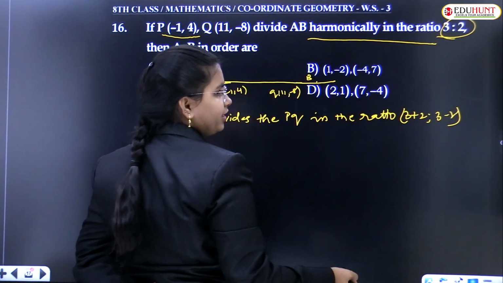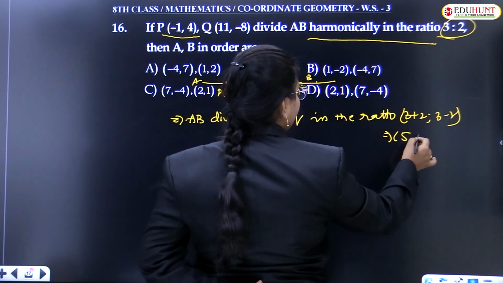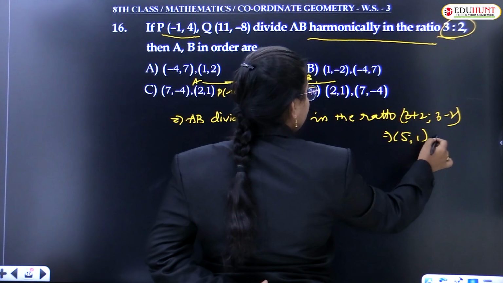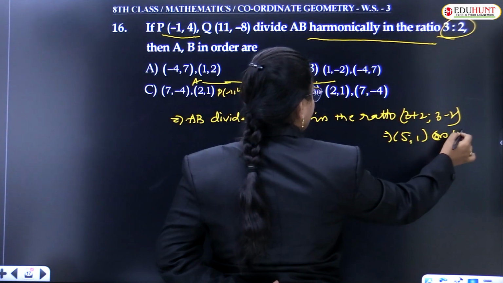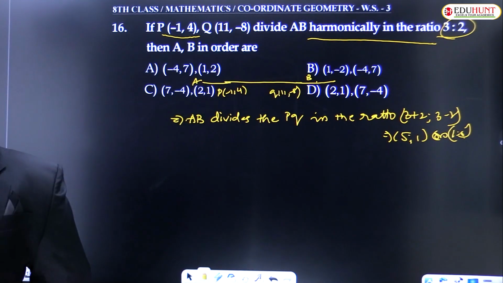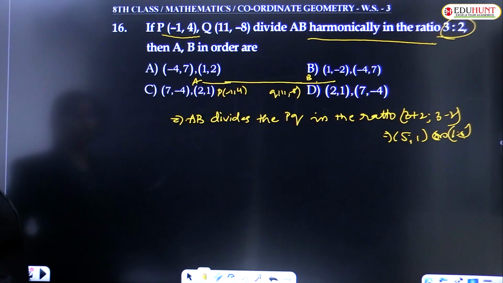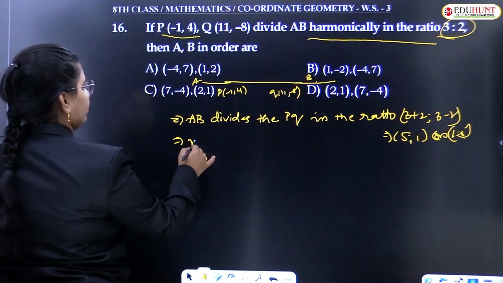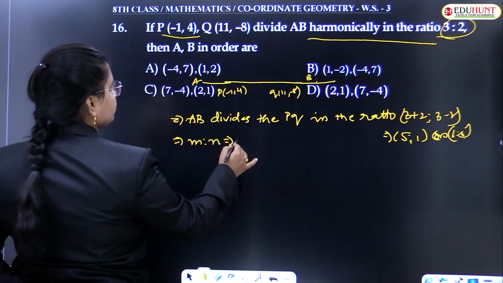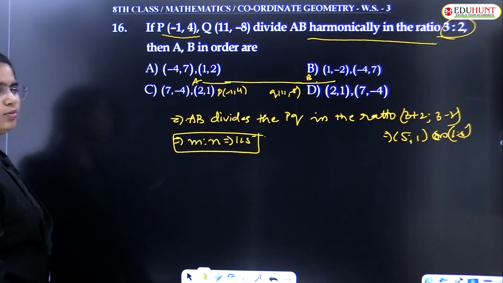One is being divided internally and the other externally. So it can be 5:1 or 1:5. Understood? 5:1 or 1:5. So here I have to take M is to N as 1:5 if it is being divided harmonically.